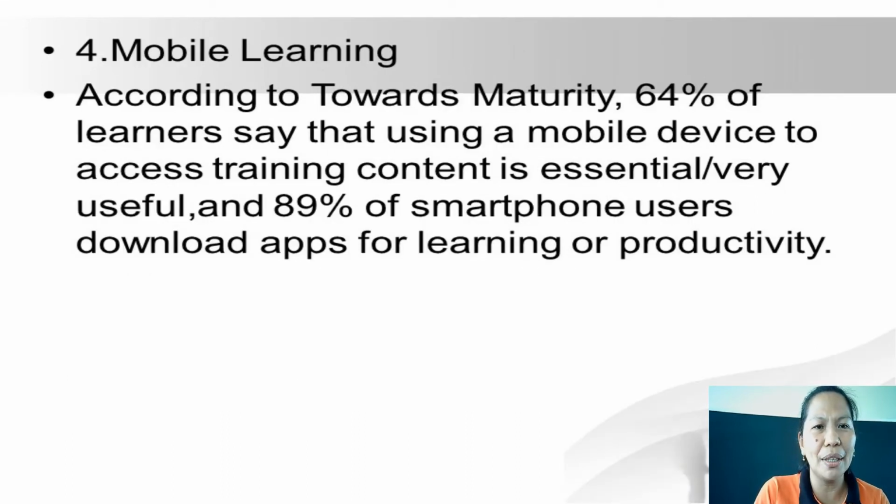Number 4, mobile learning. According to Towards Maturity, 64% of learners say that using a mobile device to access training content is essential or very useful, and 89% of smartphone users download apps for learning or productivity.